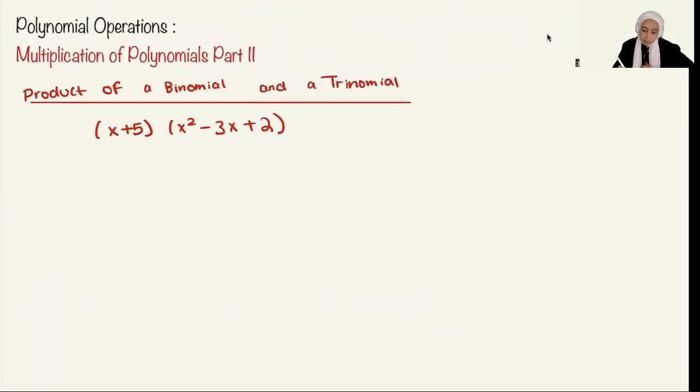This is a binomial, and this is my trinomial, okay? So what I want to do here is see how I can multiply this. Really, the way I multiply this is just like we've been doing with binomial times binomial, which is basically just using the distributive property.